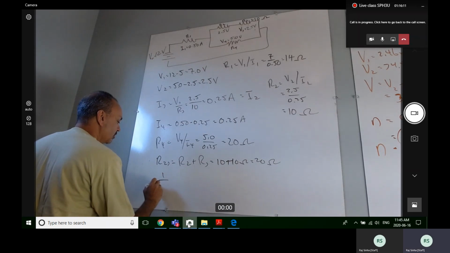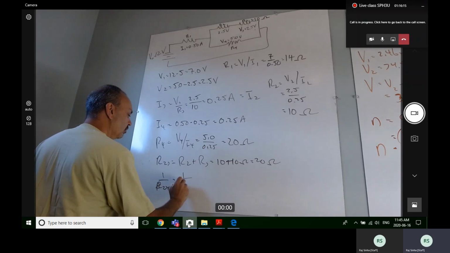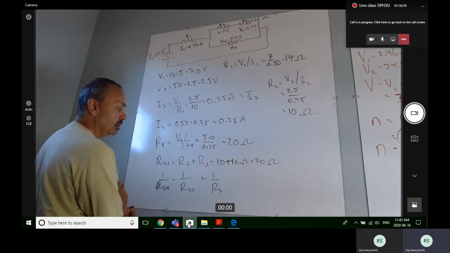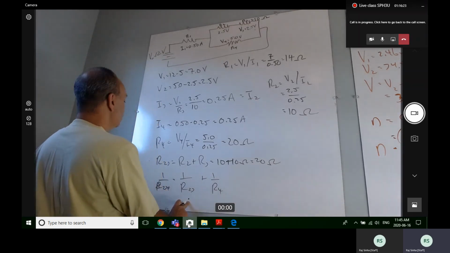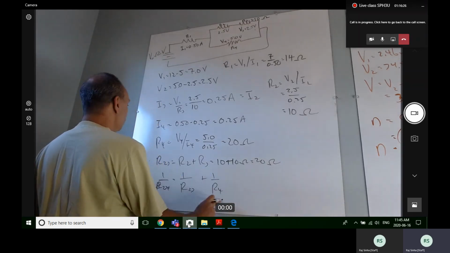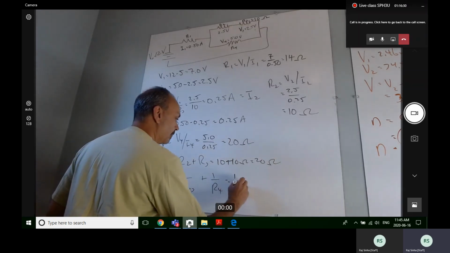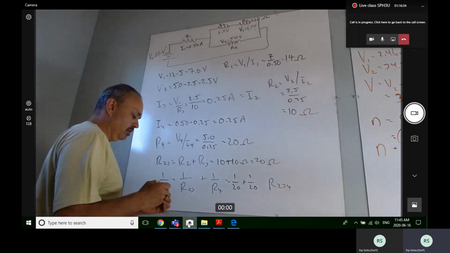1 over the resistance of 234 is equal to 1 over the resistance in the 2,3 line plus 1 over the resistance in the 4 line. And if I do all the math, my R23 was 20, R4 is 20, and I can solve for my R234.